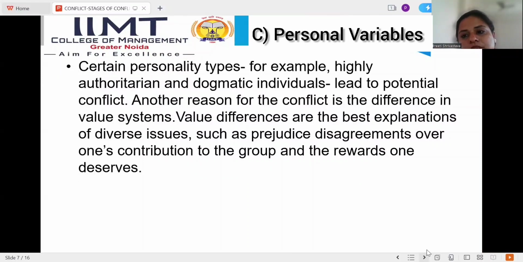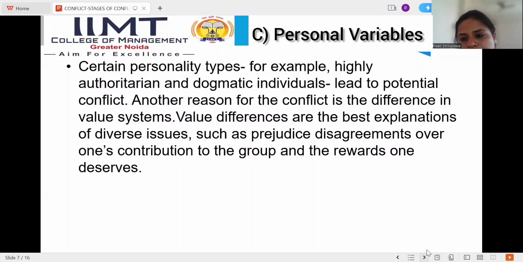Now, the third one is the personal variables. Certain personality types, for example, the highly authoritarian personality and dogmatic individuals lead to potential conflict. Another reason for the conflict is the difference in their value system.